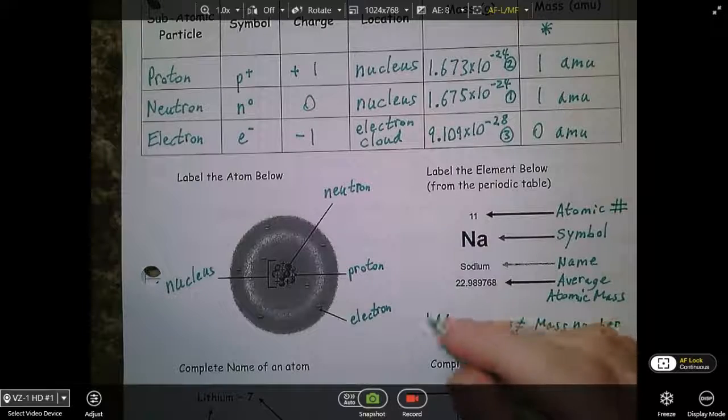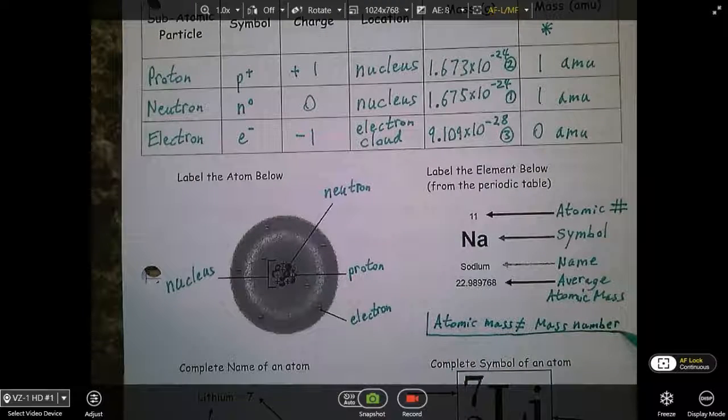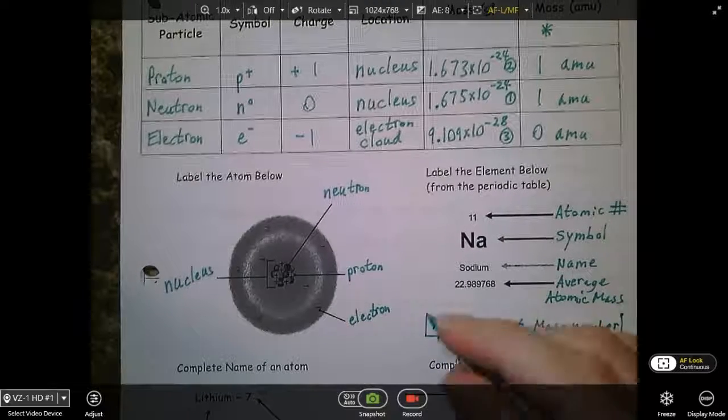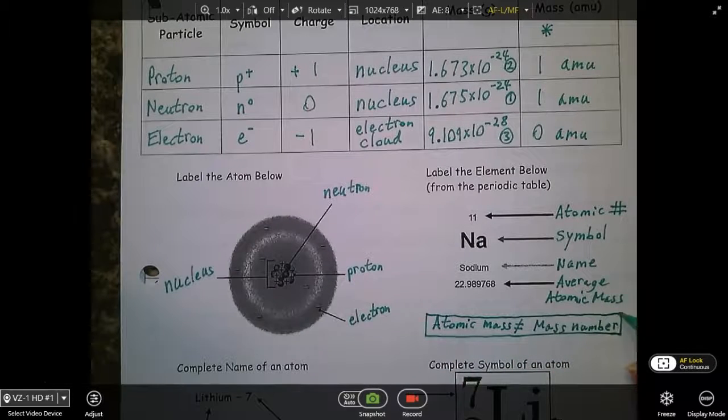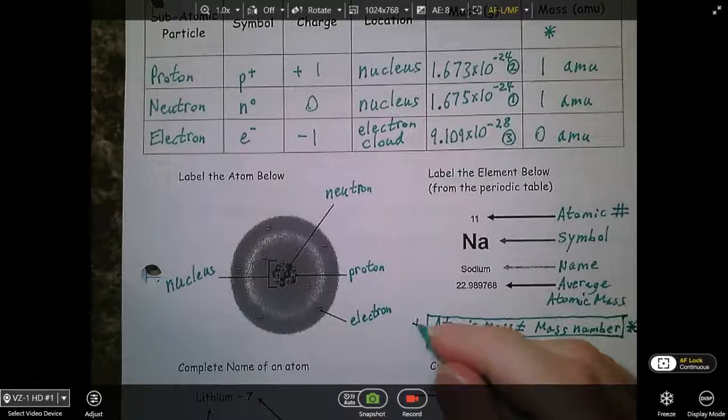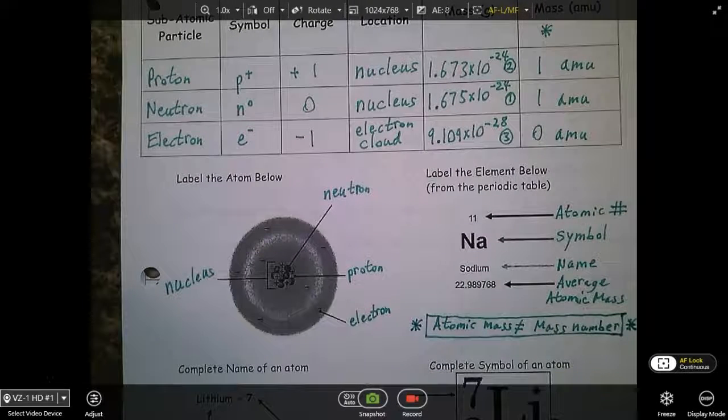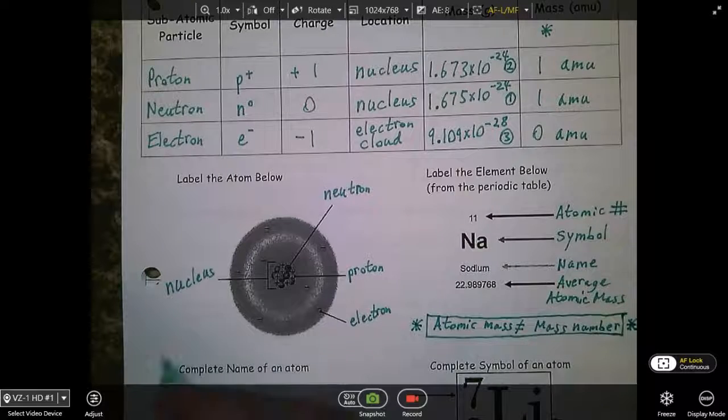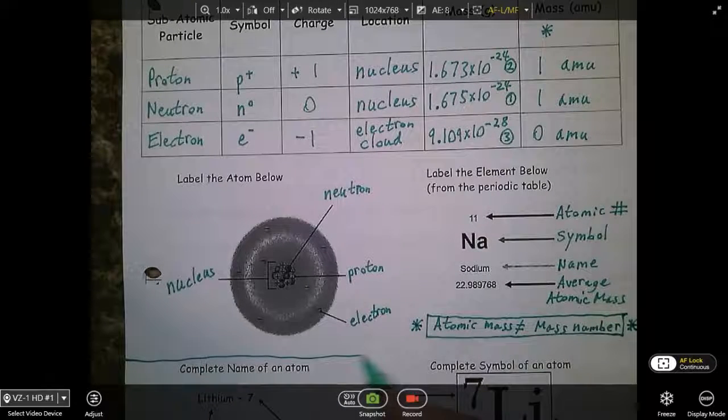We're going to talk about mass number in a little bit. And most of the time in middle school, you learn to kind of equate these as the same thing. They are not the same thing. We can no longer think that way. Okay? So we're moving past this. We're moving on to talk about specific exact atom names.